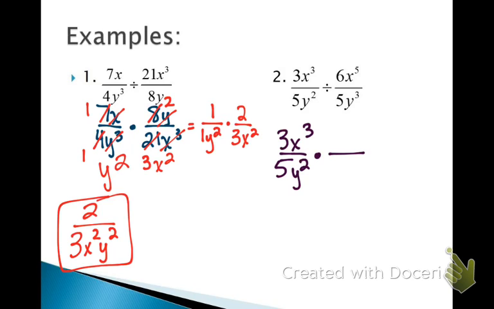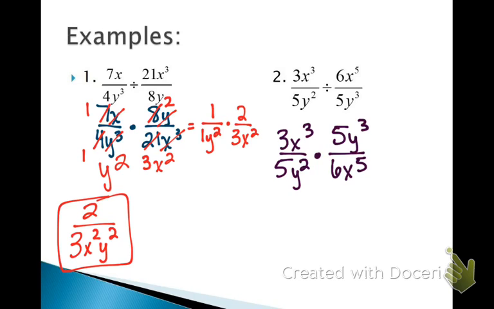My second fraction is going to flip around or switch. 5y cubed over 6x to the 5th. Keep your first fraction, change your sign, flip your second fraction. Okay, now we're ready to cancel.